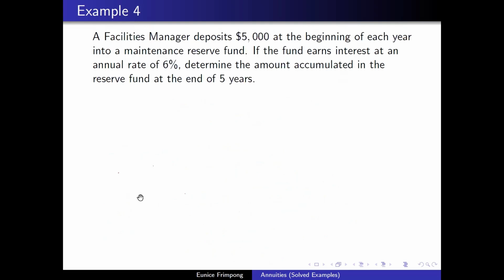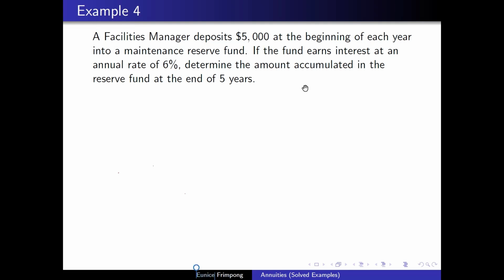Now, our final question. A facilities manager deposits 5,000 at the beginning of each year into a maintenance reserve fund. If the fund earns interest at an annual rate of 6%, determine the amount accumulated in the reserve fund at the end of 5 years.